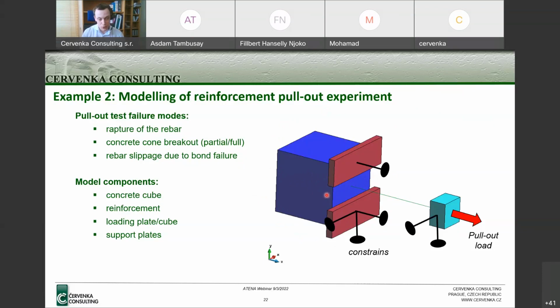Or if the bond between the bar and the concrete is not good, which can be, I can think about some poor compaction of concrete, or probably for bars which don't have any ribs, this can occur. If the embedded length of the reinforcement is only short, then I can pull it out from the concrete. So those are my expected three types of failure mode.